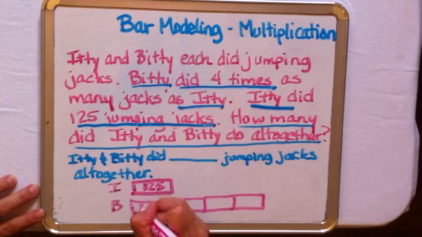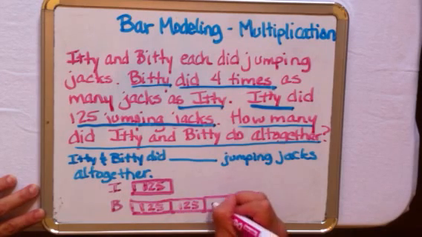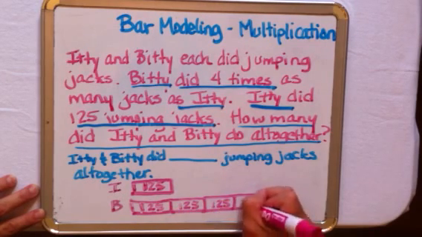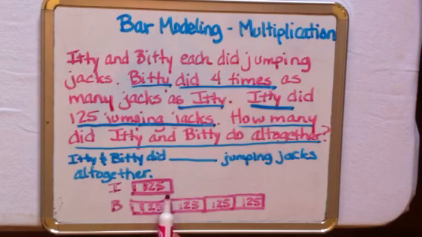That means that each one of these units represents 125 jumping jacks. Now you'll notice that we have a total of 5 unit bars, all representing 125 jumping jacks. They're all representing the same amount.